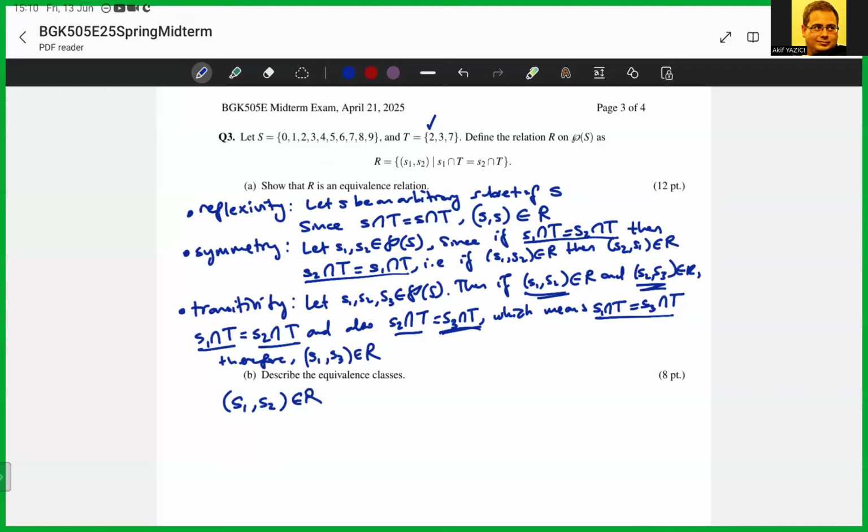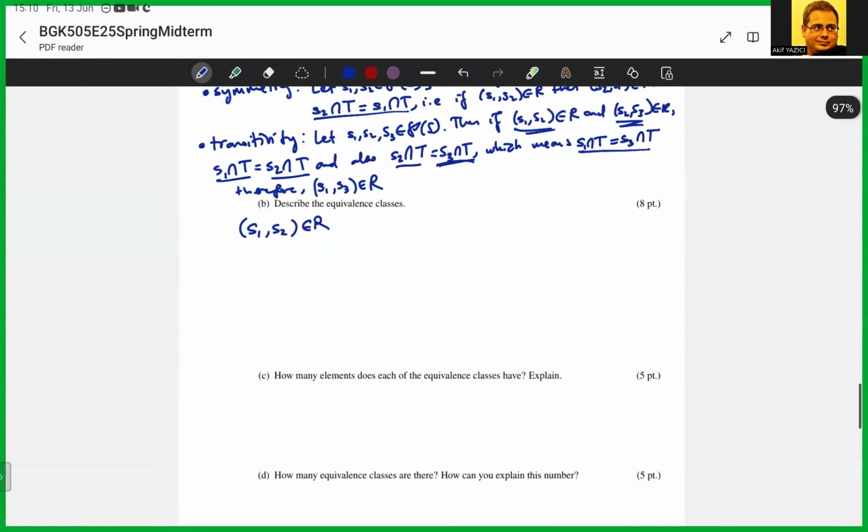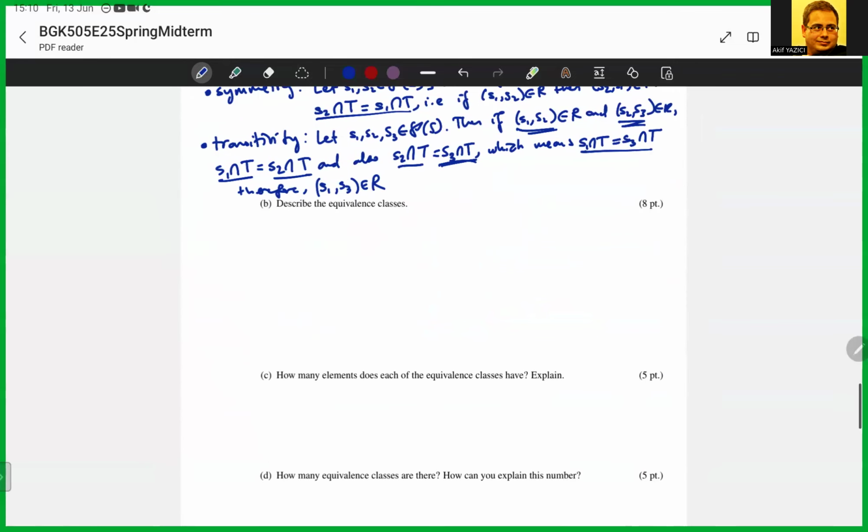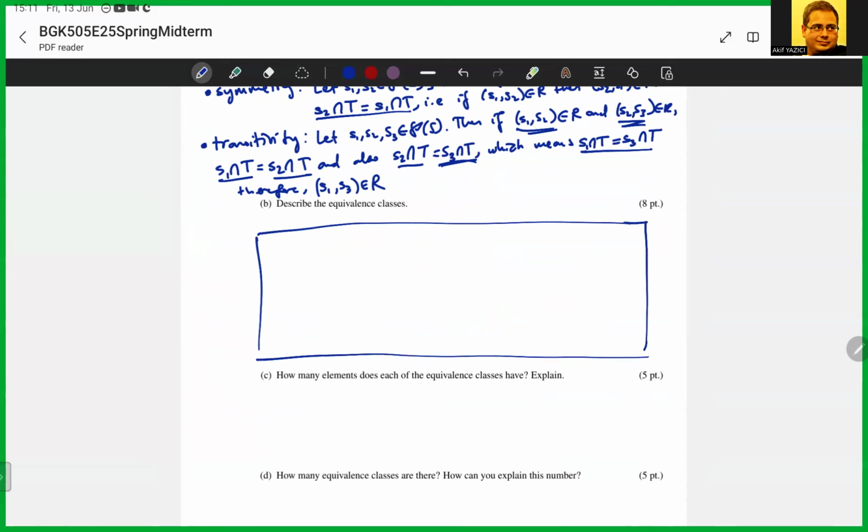So there are the subsets which don't have 2, 3, 7. So you should see where this is going. There will be 8 subsets, or 8 equivalence classes rather.